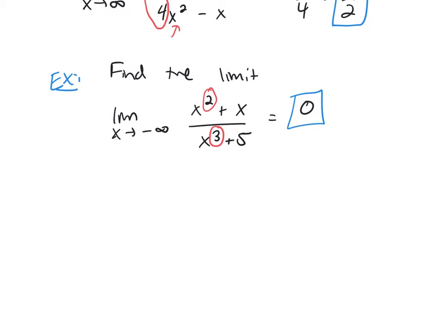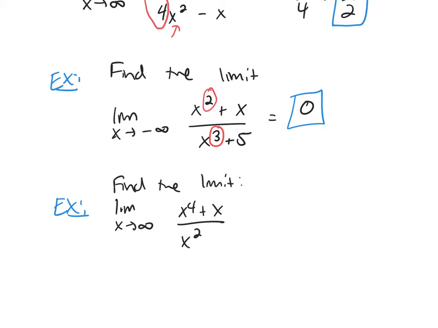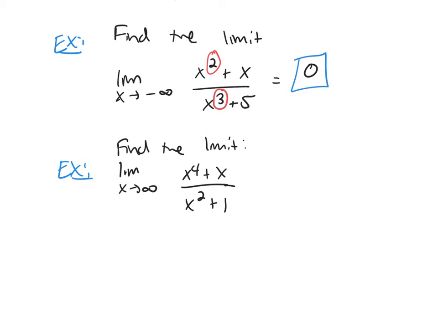All right, let's look at one more. Find the limit as x goes to infinity of (x to the 4th plus x) over (x squared plus 1). Again, it's a rational function. Look at the largest degree in the top, it's 4, and in the bottom it's 2.